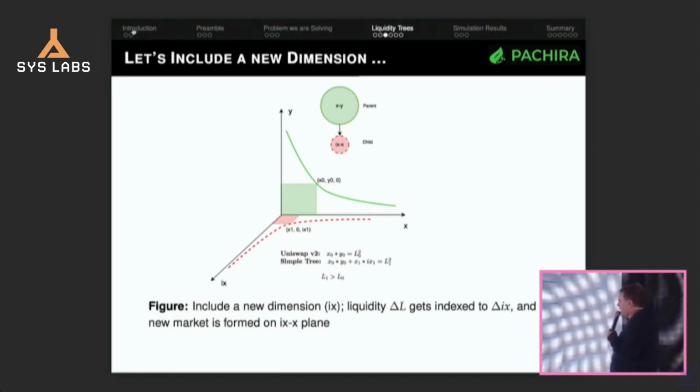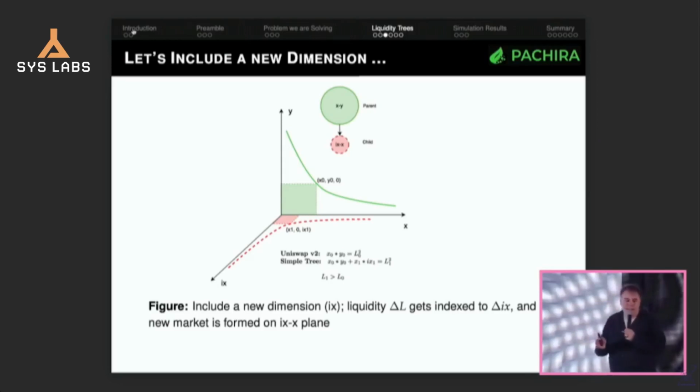Geometrically, the two can coexist together. As we can see here, we have Uniswap V2. We take our collateralized liquidity and put it on the market as I_X. It quickly gets bought up, and now we have another market.